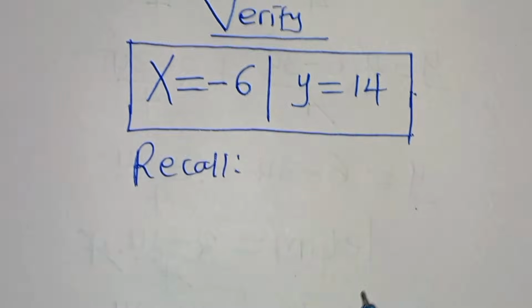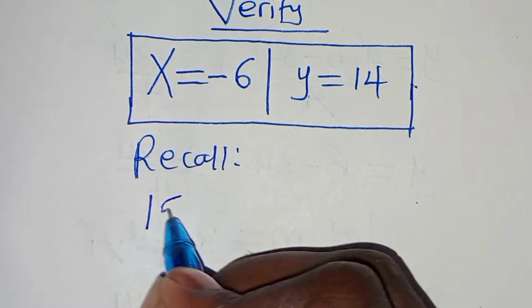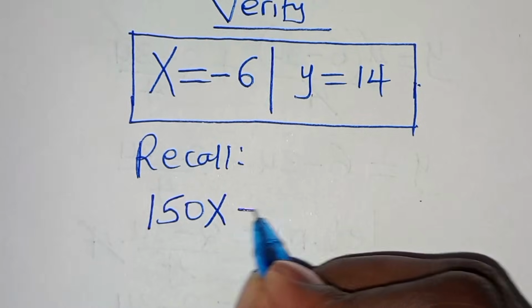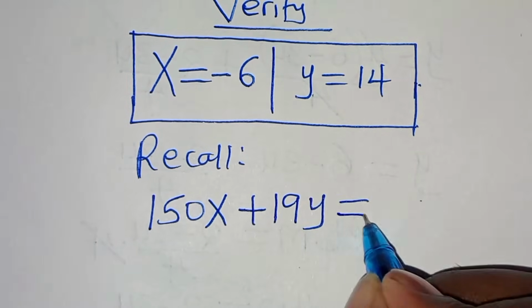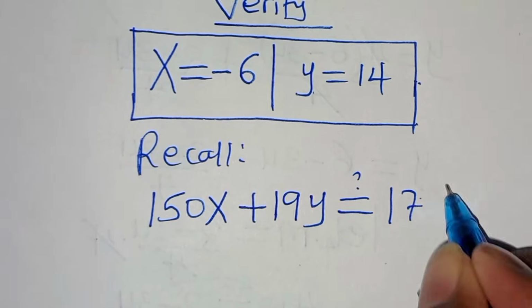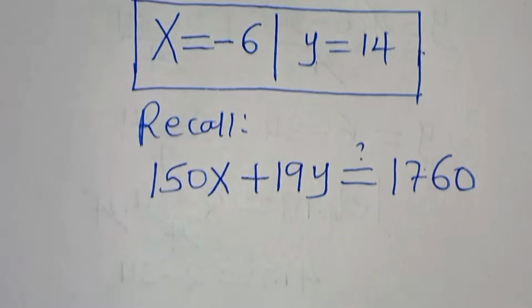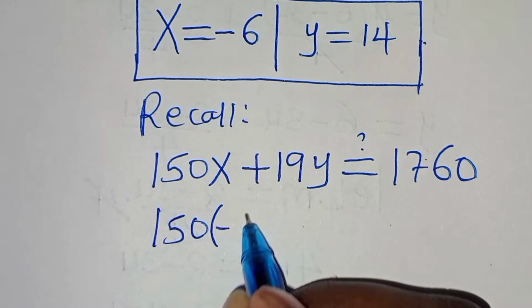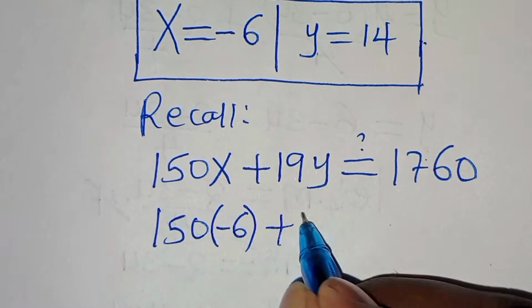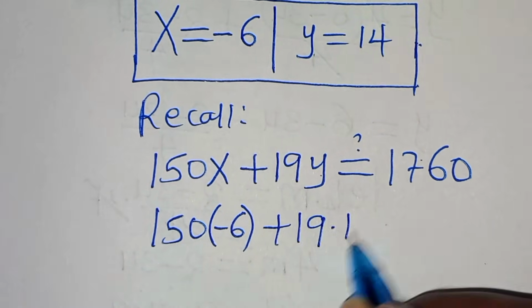If you recall, we have 150 multiplied by x plus 19 multiplied by y. This is supposed to give us a value of 1760. Now let's substitute x, which is minus 6, then plus 19 times y, which is 14.